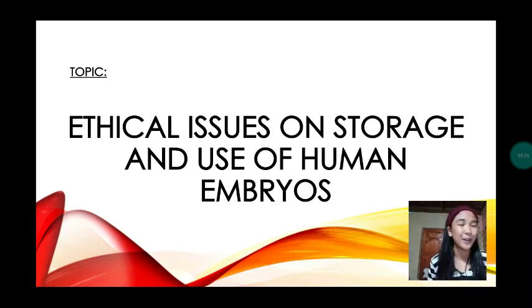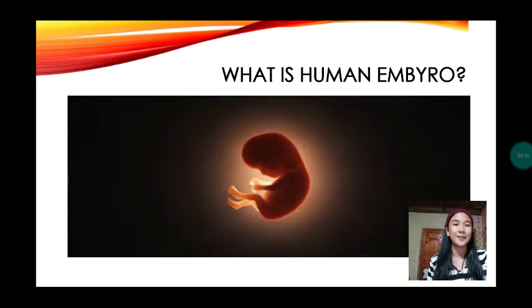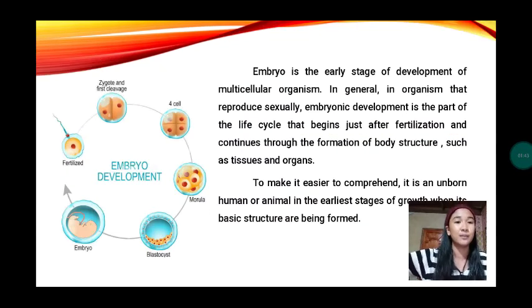The main topic for today is ethical issues on storage and use of human embryos. What comes into your mind when you hear the word human embryo? So what is human embryo? Embryo is the early stage of development of a multicellular organism.